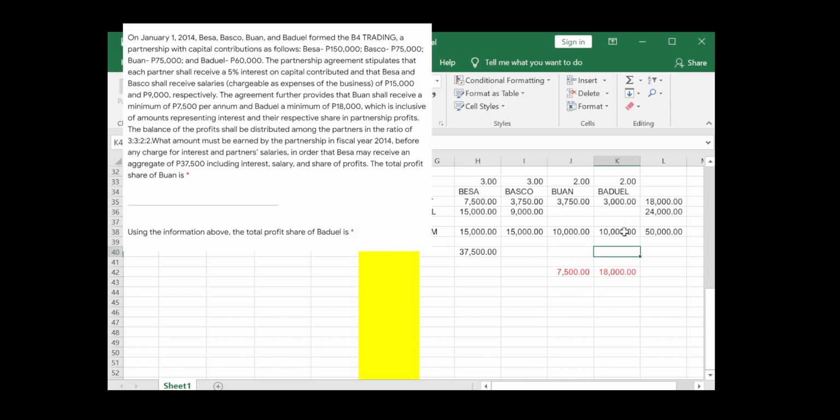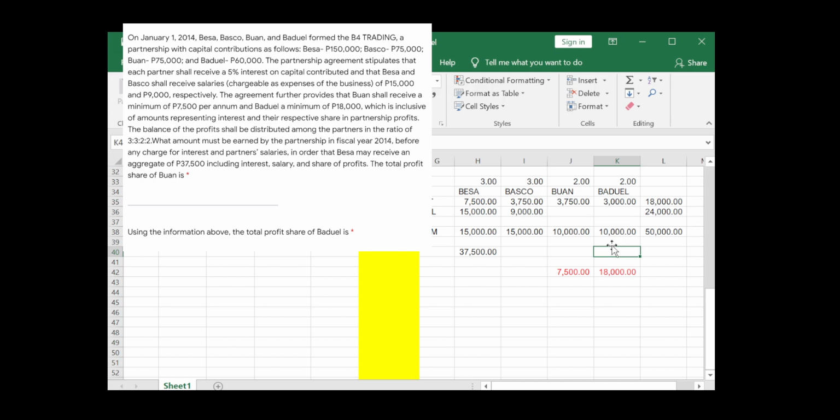At least. Okay, so for Badwell, after natin na dinistribute itong 50,000, makita natin na yung matatanggap ni Badwell is hindi siya umabot sa minimum amount, which is 18,000. Okay, so 13,000 lang to. So dapat, based dun sa kanilang agreement, dapat 18,000.